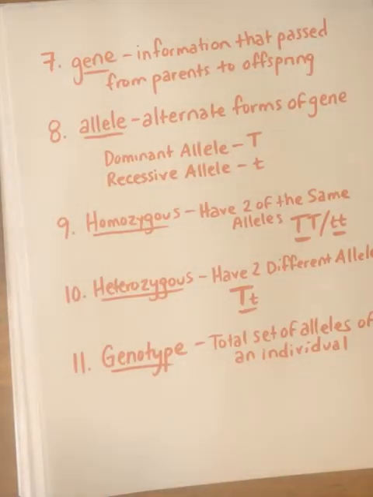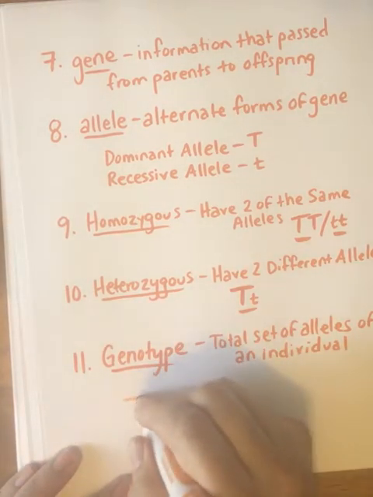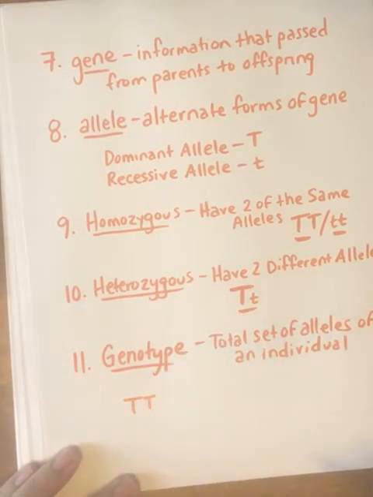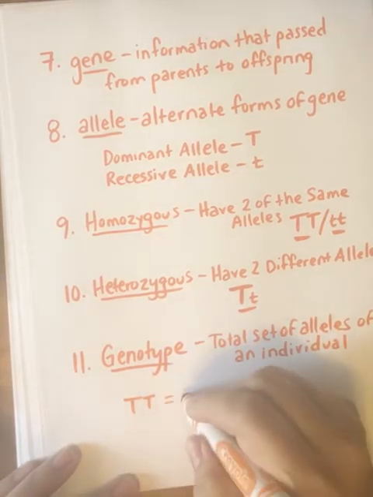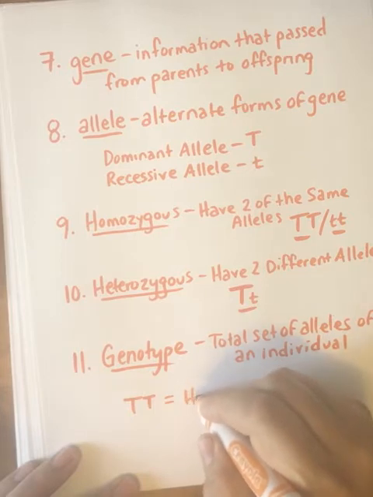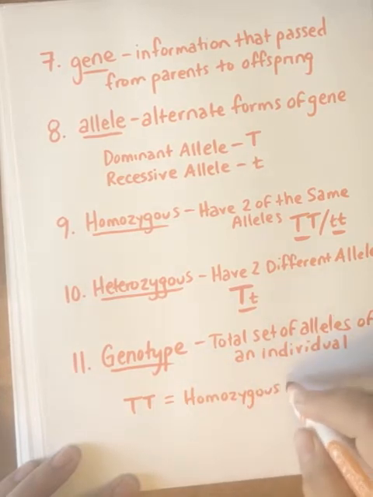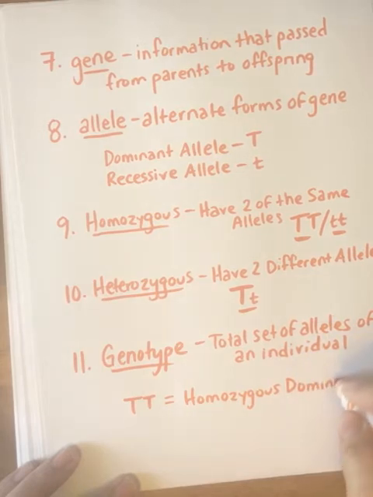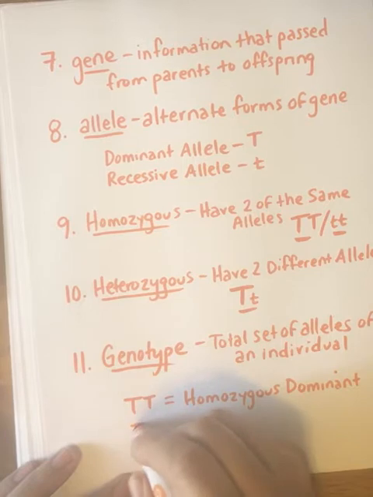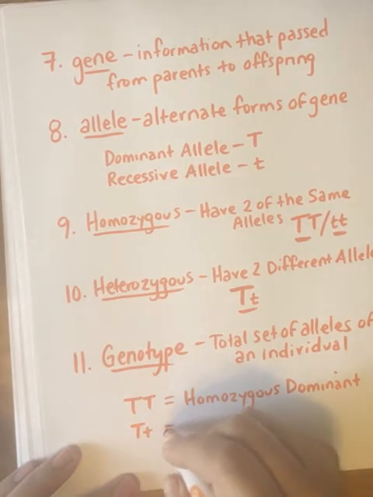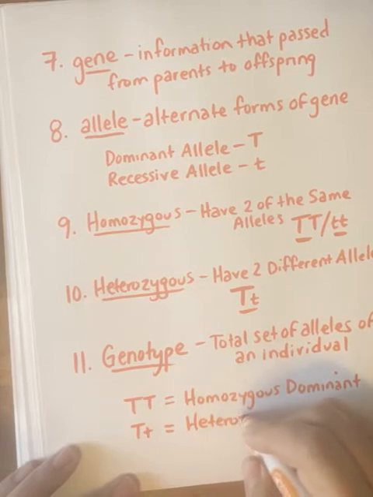That's your genotype. So if you contain the two dominant alleles, your genotype would be called homozygous dominant, because you have two of the same. If you have one large one and one little one, they're two alternate forms, you're considered to be heterozygous.